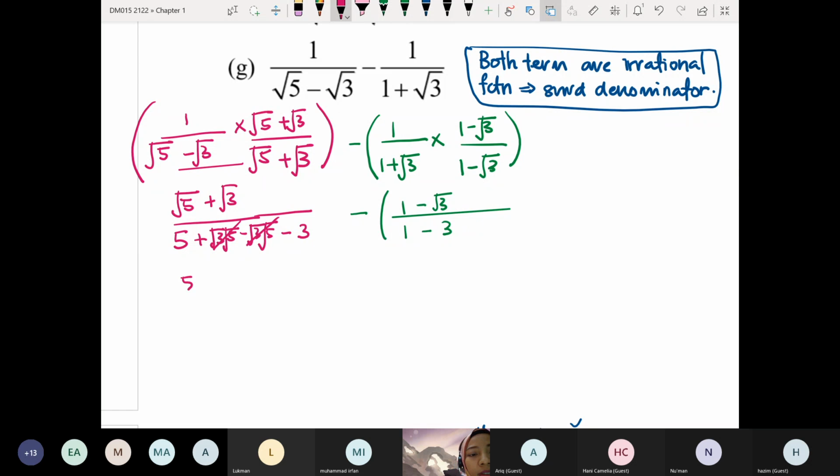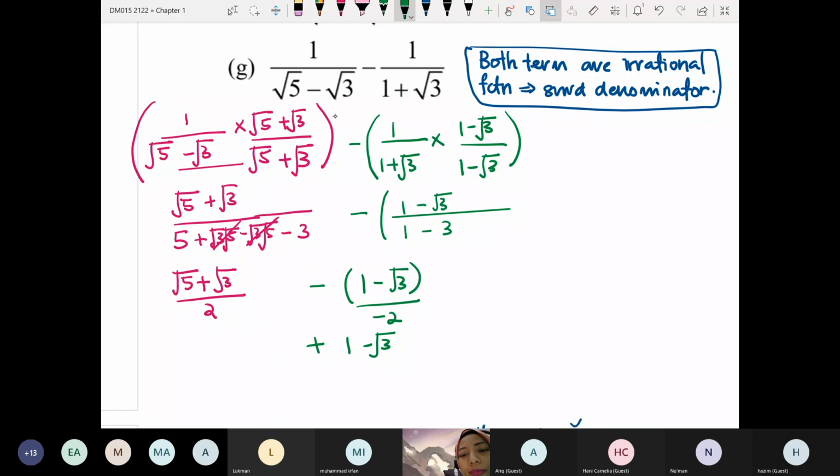5 plus √3 over 5 minus 3, 2. Minus with 1 minus √3 over negative 2. Okay. So negative, negative, positive 2, and on the left hand side, dua-dua pun left, masuk cikgu the first term.